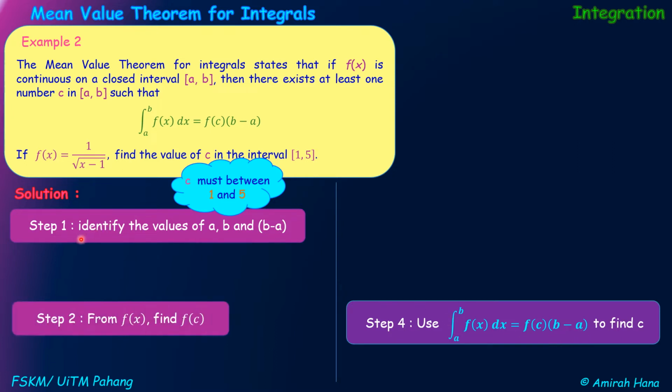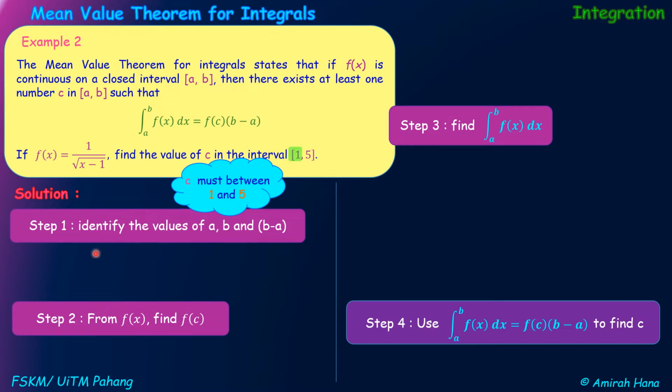Step 2, from the given f(x), we find f(c) to substitute into this formula. Then step 3, find the integral from a to b of f(x) dx to substitute into the left-hand side of the formula.